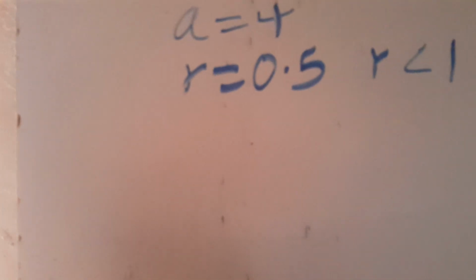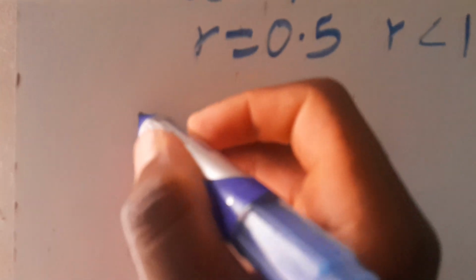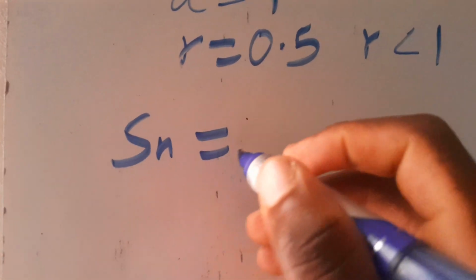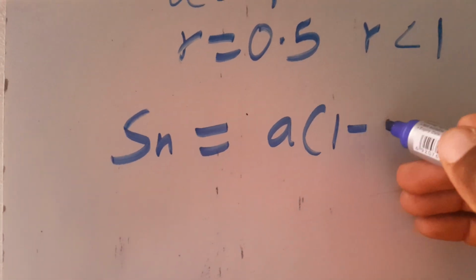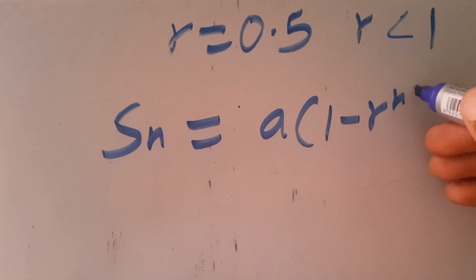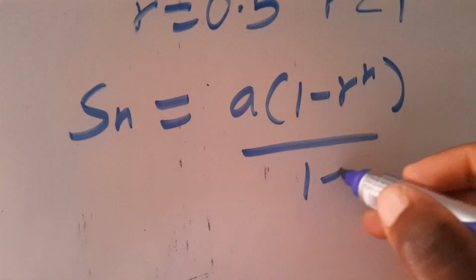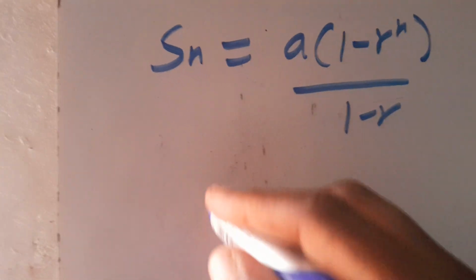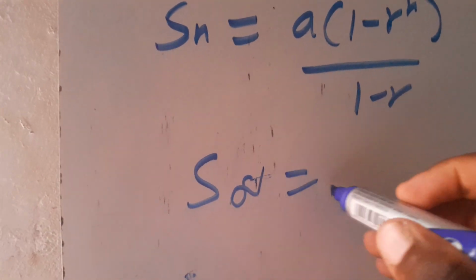Now what formula for sum of a geometric series will we use? We will say that the sum of the n terms is equal to a into 1 minus r raised to power n over 1 minus r. In our case, we are looking for the sum of numbers up to infinity. The sum up to infinity, we will say that is a.